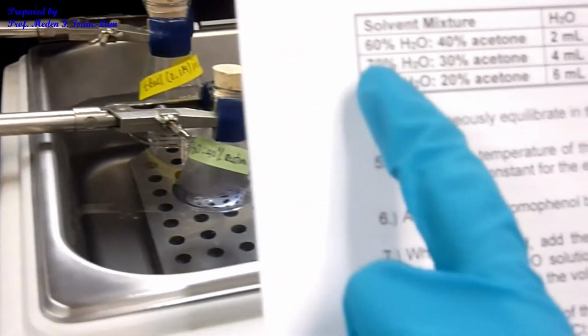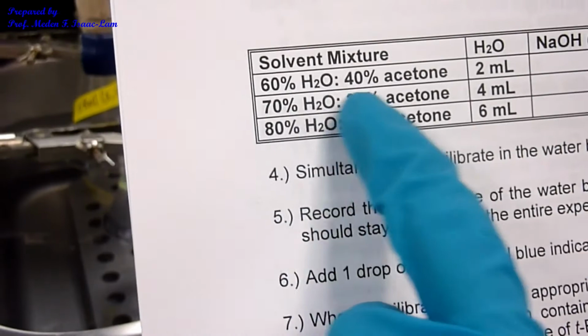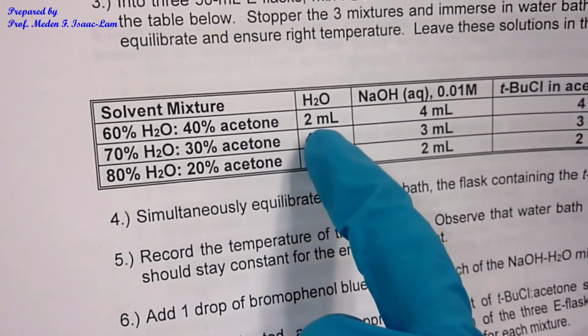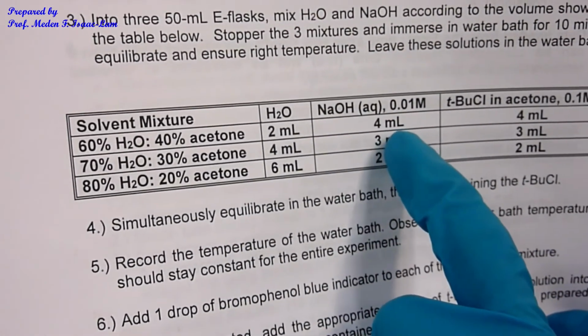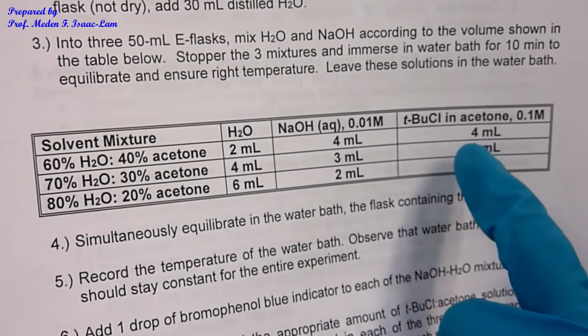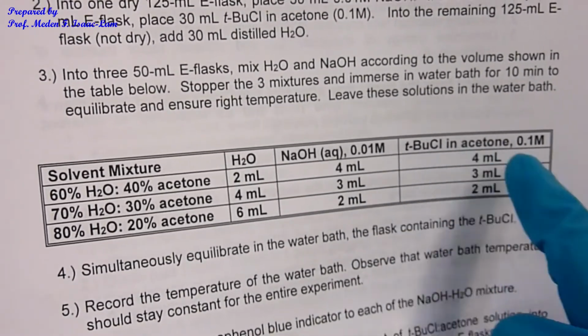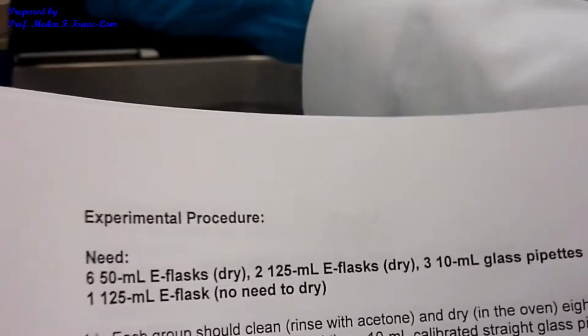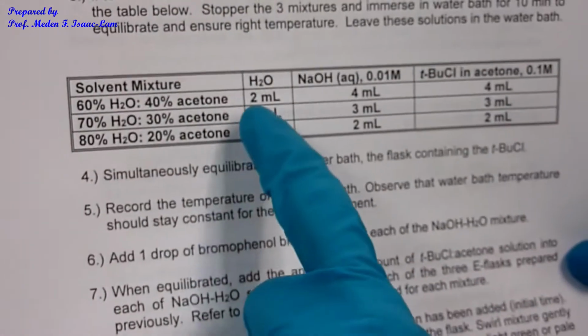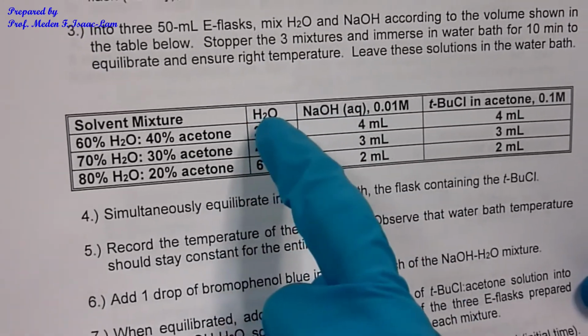Remember we're doing the 60%, the first row in here. So the mixture was 2 ml water and 4 ml of sodium hydroxide. And I'm now going to add 4 ml of the tert-butyl chloride in acetone, which is the solution at the back, this one. And that's also equilibrating together with the solution mixture of the base and water.